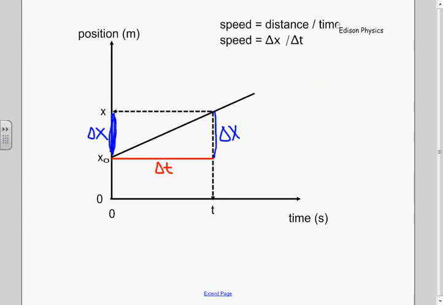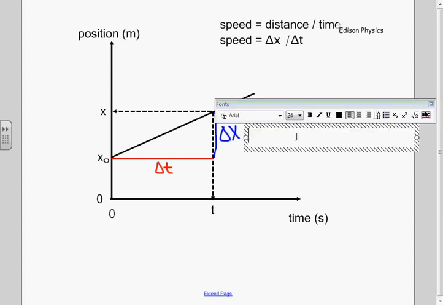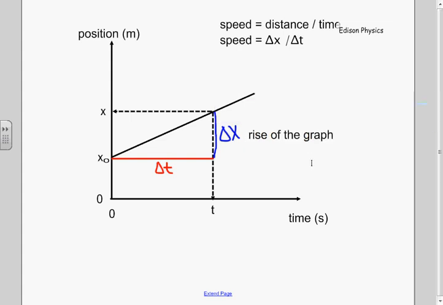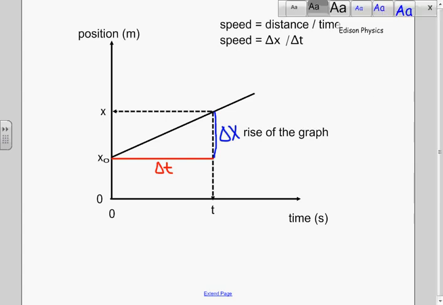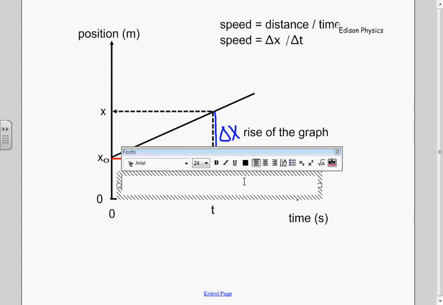Now, think back to your algebra days. Let me get rid of this because this is a little confusing. In algebra, delta x represents what on this graph? Excellent. Delta x is the rise of the graph. What about delta t? Okay, think delta t is the run of the graph.